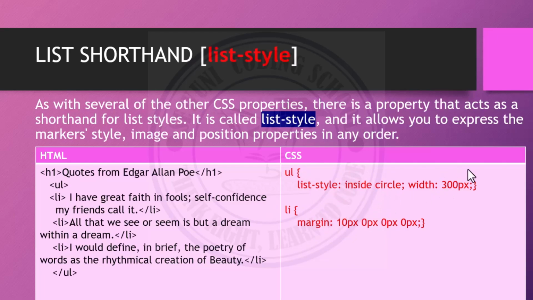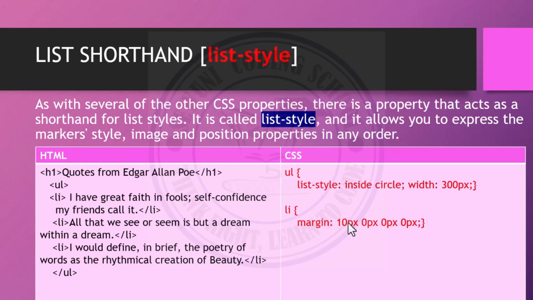Now with the shorthand, it's going to indicate the style, other things too. So it's going to indicate the width and the height, whether inside, also whether you want it inside or you want it outside. It's just going to give you the chance to give margins in order to put some spaces between your list items.